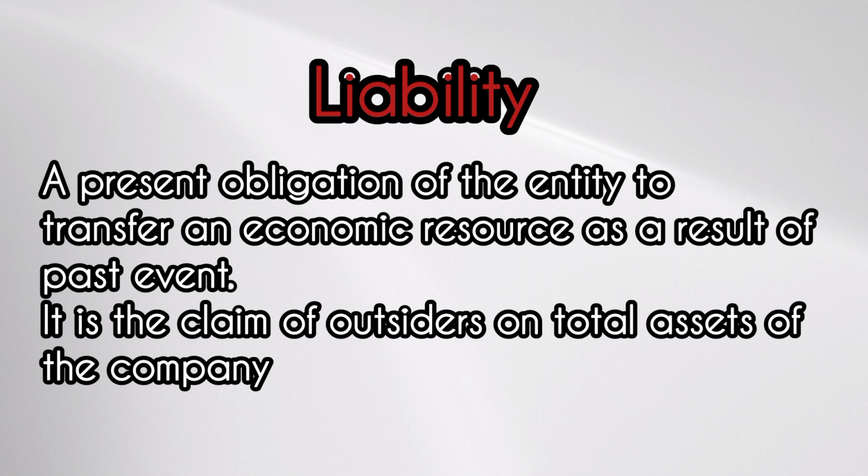So we have an obligation to do that thing. That is a liability. So we can say it is a claim of the outsiders on total assets of the company. So that means the bank is an outsider to us, right? So that bank is having a claim on our assets. Our assets means the company's assets. So that is a liability.